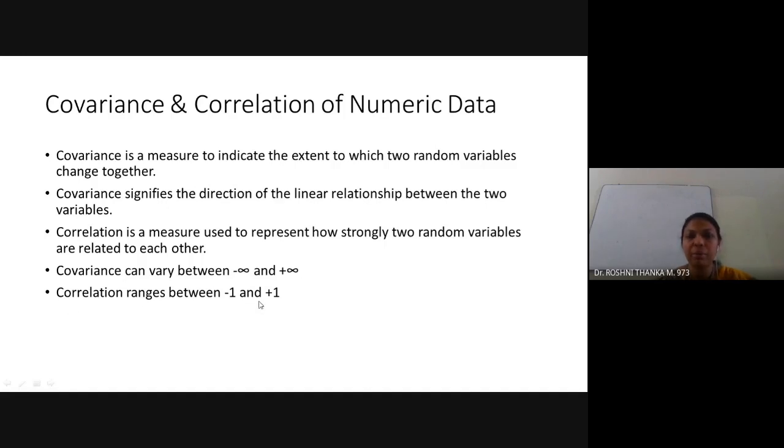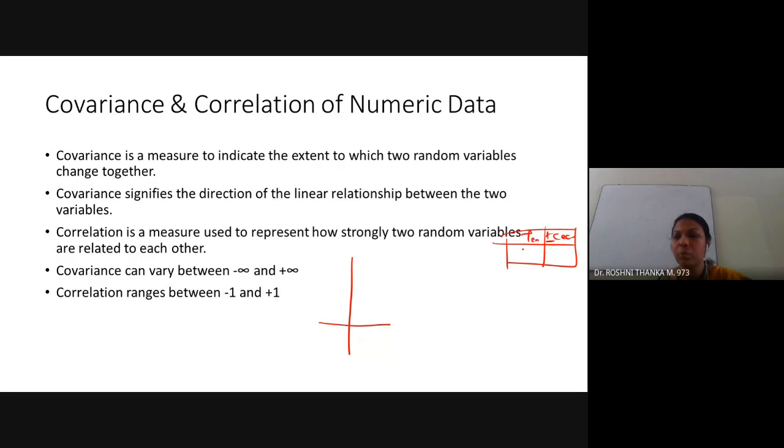So, for example, if I want to give an example for covariance, consider that we have two sets of data: temperature and ice cream sales.